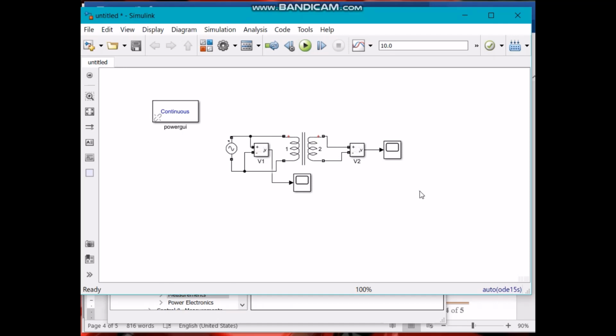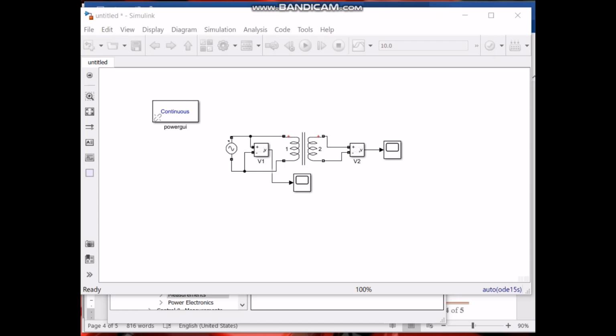Now you might ask, why do we have to make parallel combinations of transformers? Well, there are many reasons why we connect transformers in parallel. For example, sometimes the load exceeds the normal rated load of the transformer. In that case, we need to connect another transformer in parallel to that transformer. Another reason is reliability.